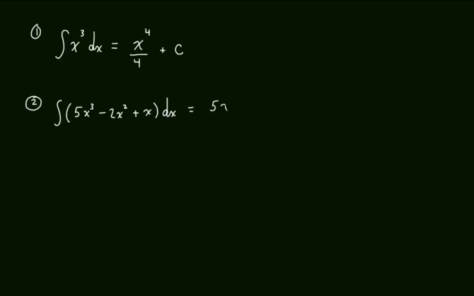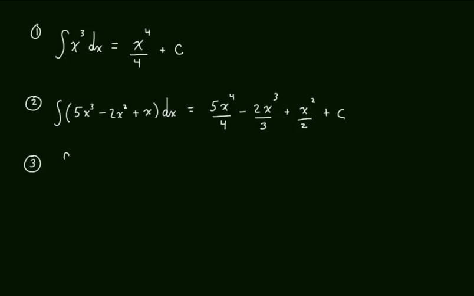So it's 5x to the power of 4, I added 1 to the exponent, and I divide by the new exponent, minus 2x, add 1 to the exponent, divide by the new exponent, plus x, add 1 to the exponent, divide by the new exponent, plus c. That's our antiderivative. That's our parent function.